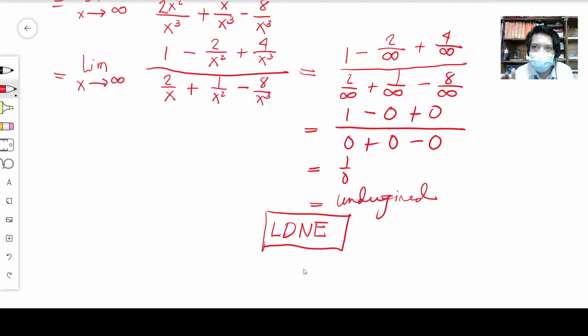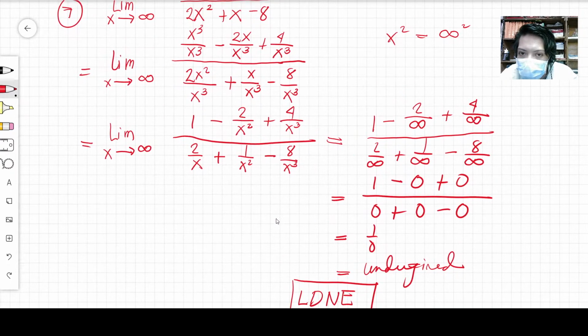To the right of infinity is another infinity, and to the left of infinity is another infinity. So you cannot actually use the principle of the right-hand limit and the left-hand limit. This is how you do it when you are dealing with this type of problem.